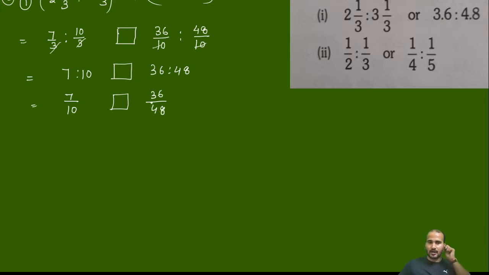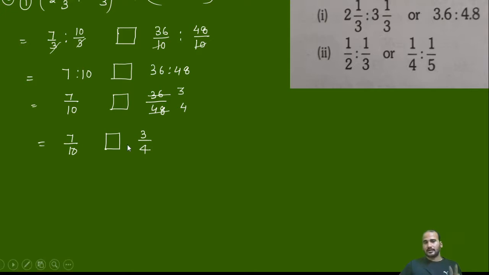I have a number which divides both 36 and 48. Which number is that? This number is 12. 12 3s are 36 and 12 4s are 48. So the number is 7 upon 10 and, in bracket, 3 by 4.